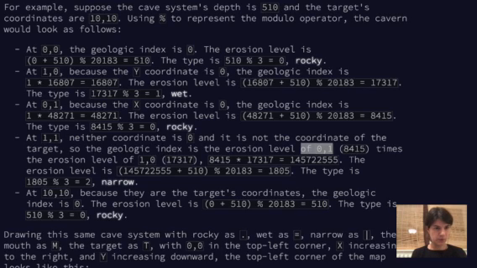And then at 0, 1 we want 48,271, yep. And then we want, oh, did I write down what 1, 1 is? No, that's correct. The erosion level is this number, and then modulo 3, it's narrow. Okay, at 10, 10, because they're all right.